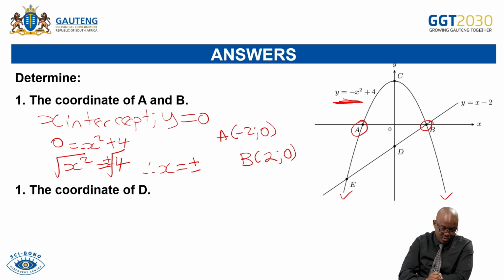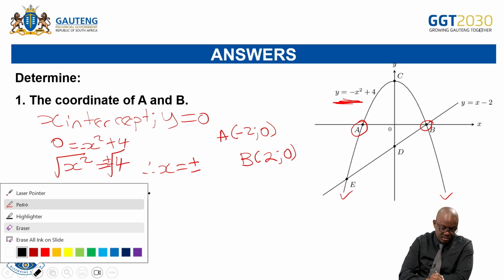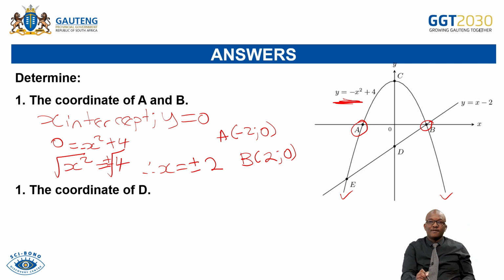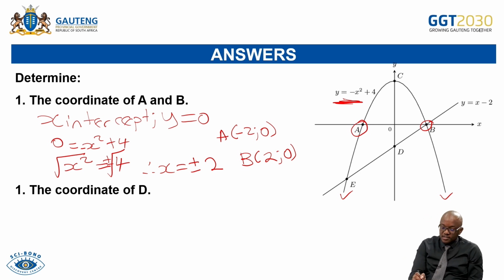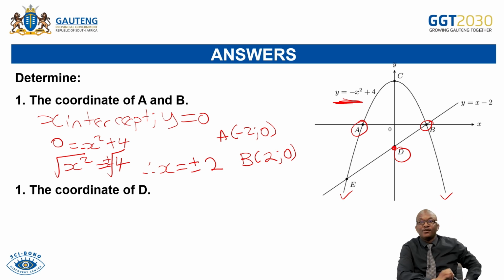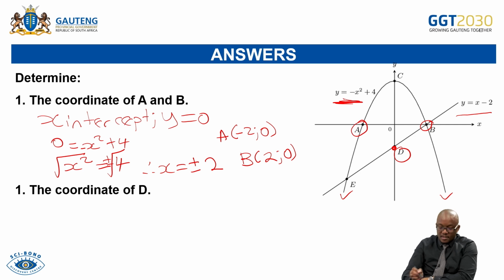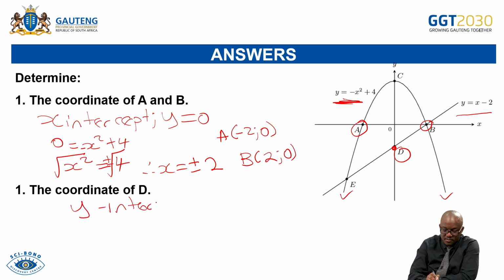That's how you only need to do x and y intercept. The value of D, you can see that D is at the y value of your straight line. Then it means you say y-intercept, but x is equal to 0.